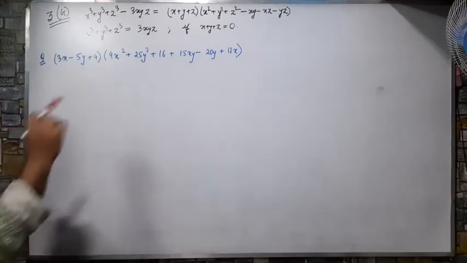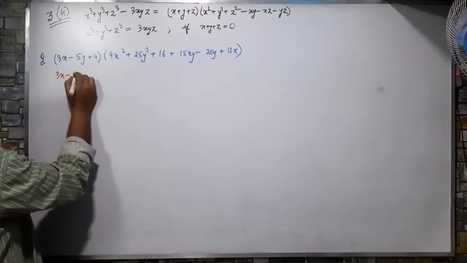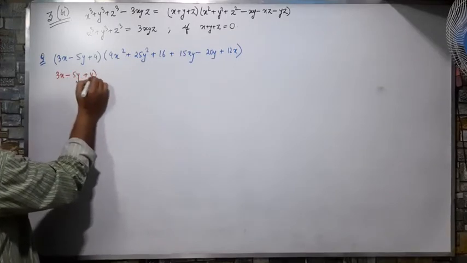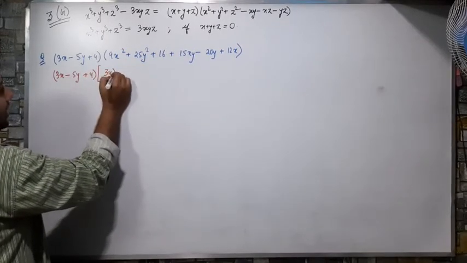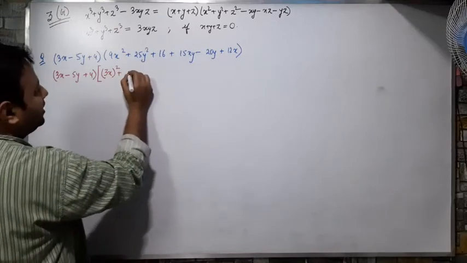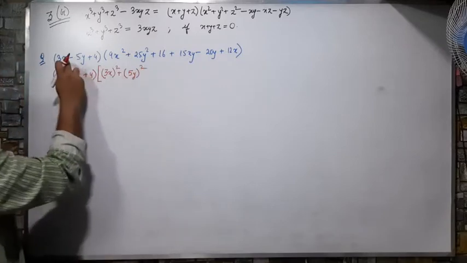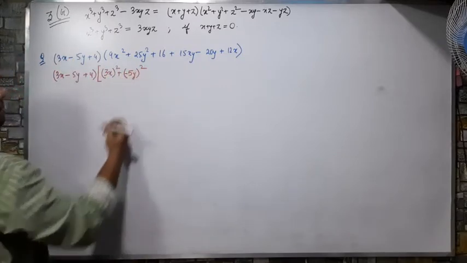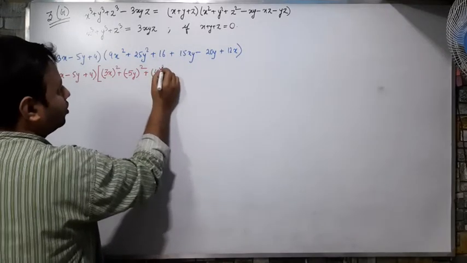So how can I interpret? I can interpret it like this: 3x minus 5y plus 4. Then I will write this 9x square as (3x) whole squared plus I will write this 25y square as (5y) whole squared. But here is minus, so I will also put a minus sign over here. Then I will write 4 whole squared.